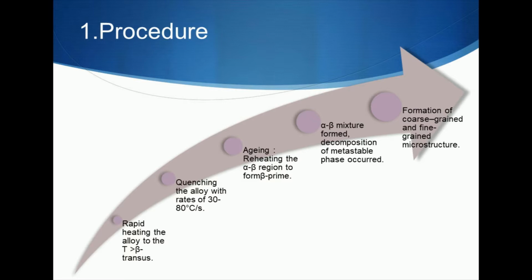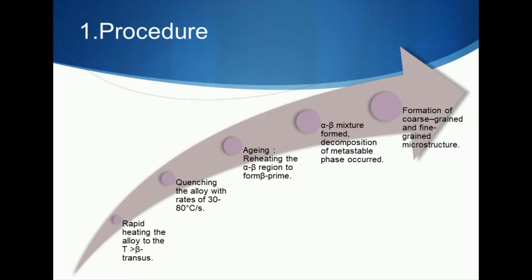The rate of quenching is about 30 to 80 degrees Celsius. Then the formation of the alpha phase is suppressed and the beta phase is retained. The martensitic transformation of the inhomogeneous beta phase is accompanied by a complex diffusional redistribution of alloying elements.